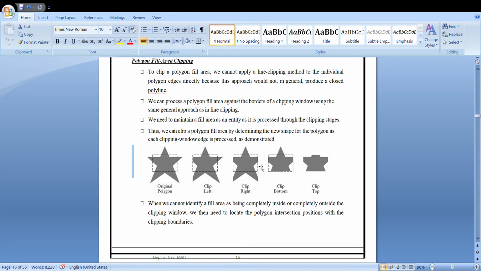In the right stage, whatever lines are towards the right of the right clipping window or clipping line alone will be clipped. In this way we pass it across every stage and clip the polygon, and whatever is within the clipping window alone will be displayed.